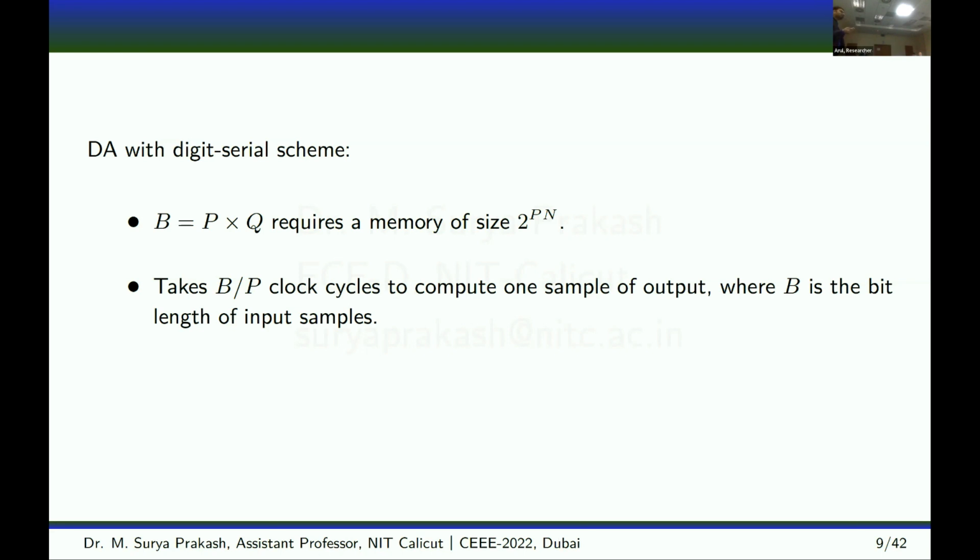The original DA processing unit takes a total of capital B clock cycles, but this takes B by P clock cycles. So if we want the dot product to be computed in a smaller amount of time, we can go for the digit serial scheme of distributed arithmetic.